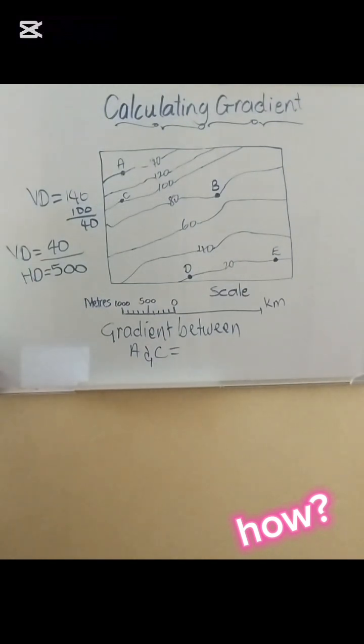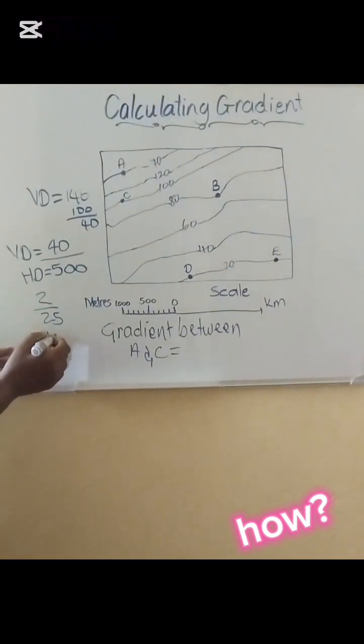Okay, so if we divide both of these by 20, we will get 2 over 25, and we want to get it to the lowest, okay? So that's 2 over 25, and then to get that in ratio, we would have 1 to 12.5.